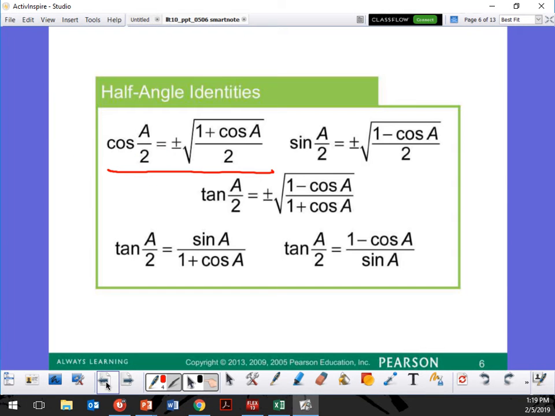So from my formula that I have here, my A is what? 15? No, try again. 30. A is going to be 30. So it's plus or minus radical 1 plus cosine of 30 over 2.